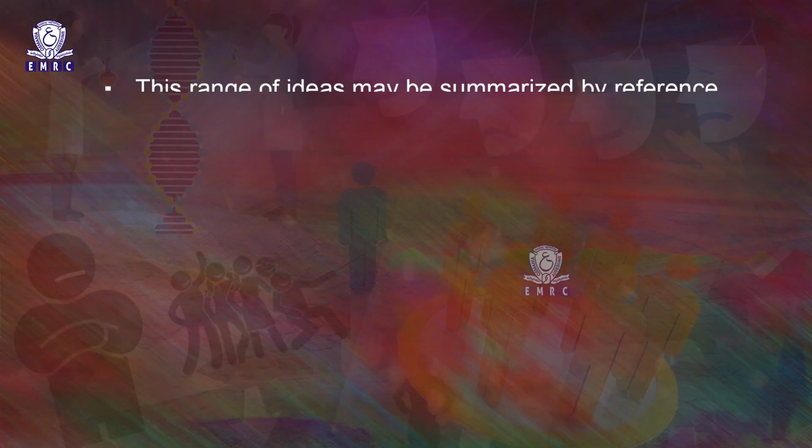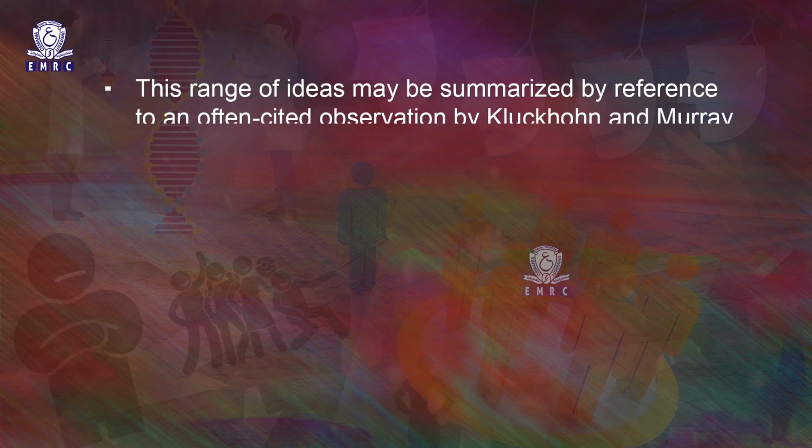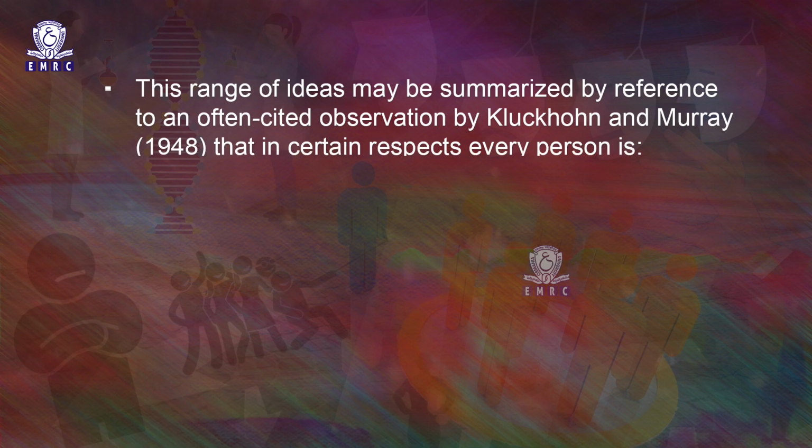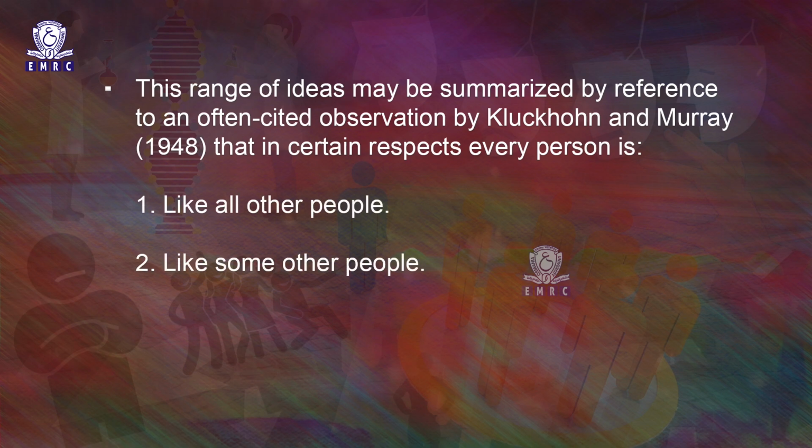This range of ideas may be summarized by reference to an often cited observation by Kluckhohn and Murray in 1948. In certain respects every person is like all other people, like some other people, like no other person.